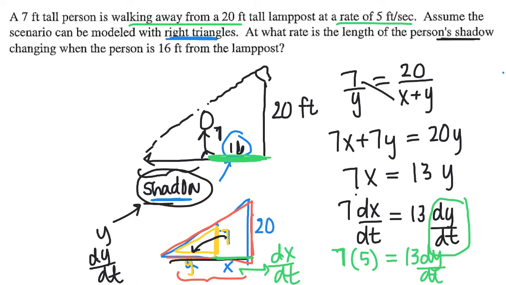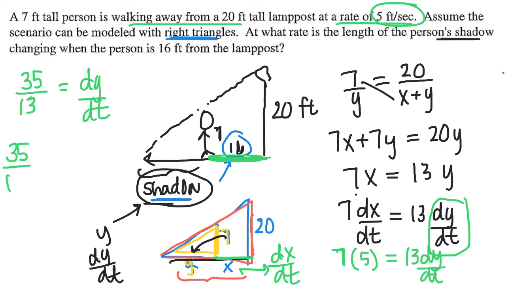If I divide both sides by 13, that tells me I have 35 over 13 equal to dy dt. And we do need some kind of unit here, so let's go back up to the problem. The unit would be feet per second. So 35 over 13 feet per second equals our dy dt.